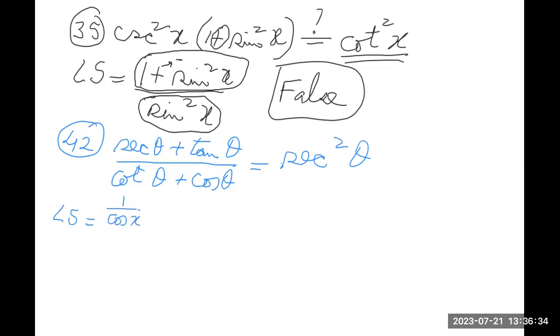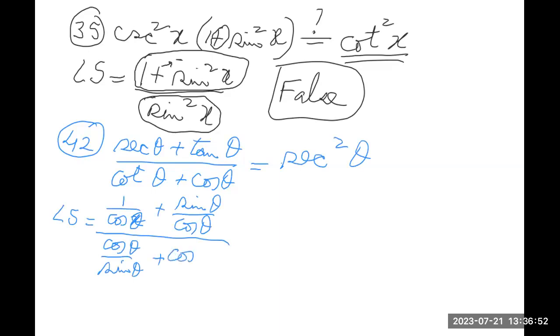Secant is 1 over cosine. Tan is sine over cosine. Cotan is cosine over sine. And cosine is just cosine.